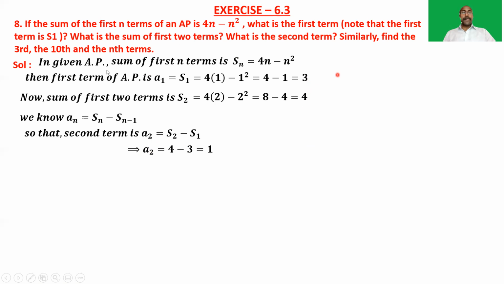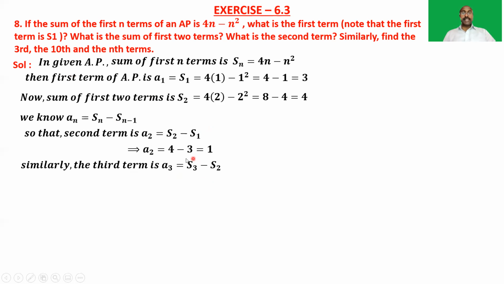Similarly, the third term A3 is equal to S3 minus S2. The 10th term A10 is equal to S10 minus S9. The nth term An is equal to Sn minus Sn minus 1. So the third term A3 is equal to S3 minus S2.